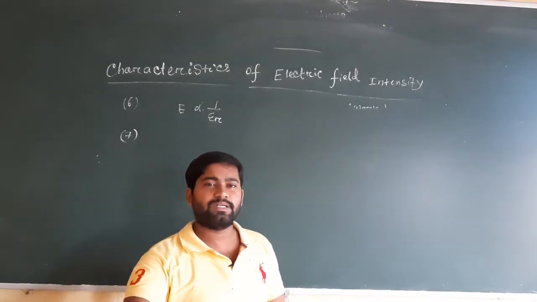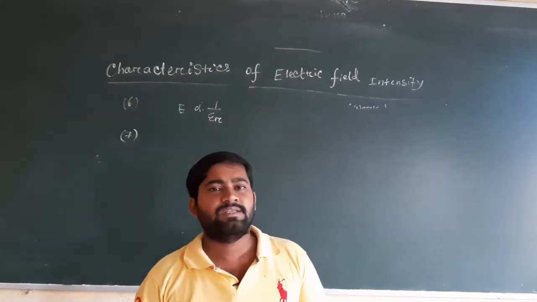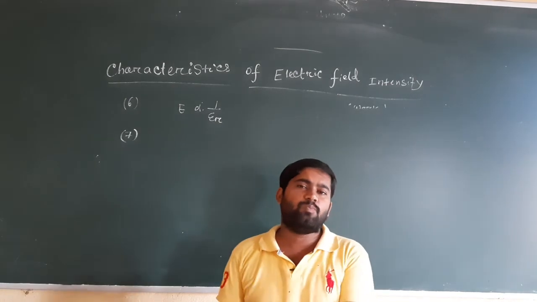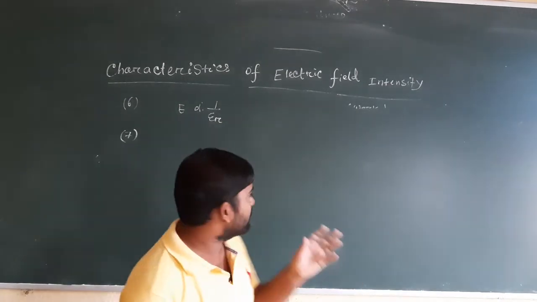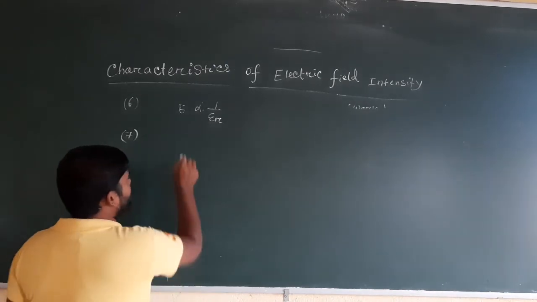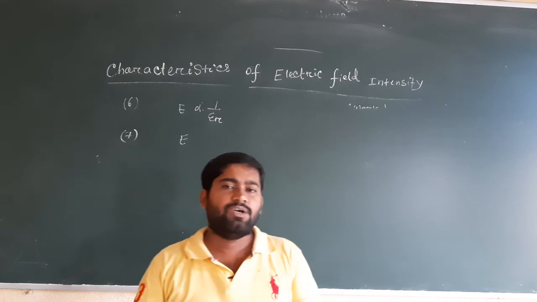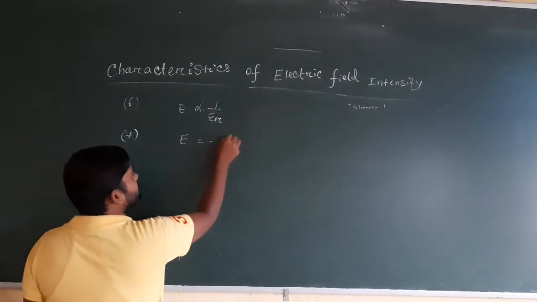The 7th property is that the electric field intensity also measures the potential gradient. What is potential gradient? Potential gradient means the variation of change of potential with a small change in distance. The seventh property of electric field intensity is that the electric field intensity always measures the negative potential gradient.